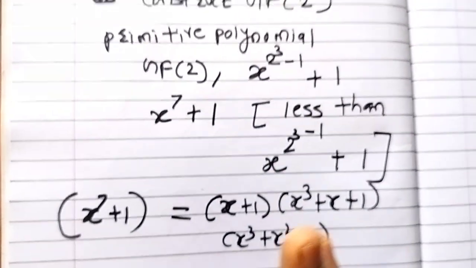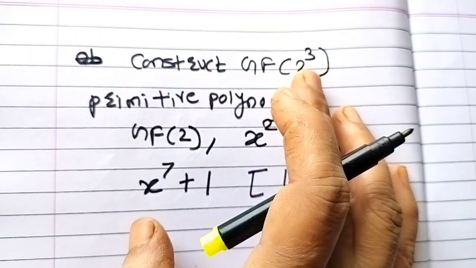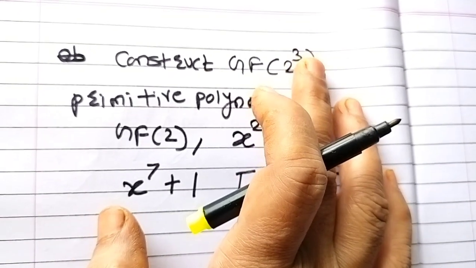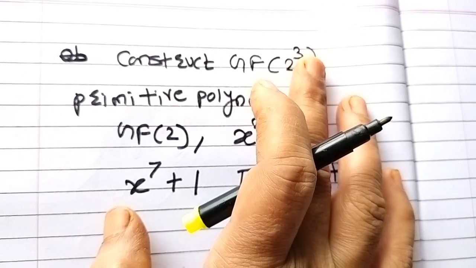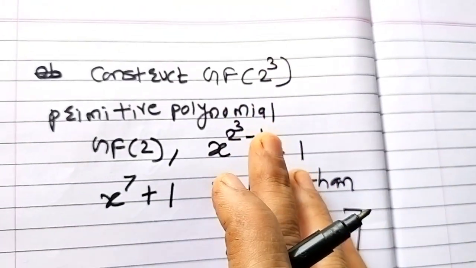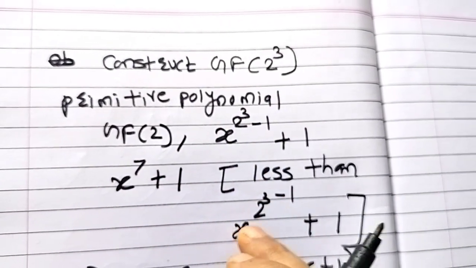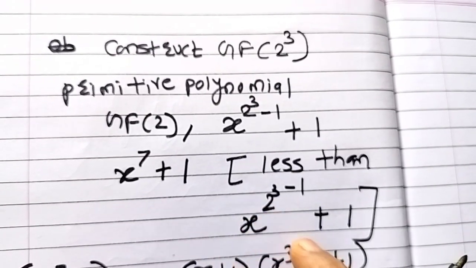What we understood is that to construct Galois field 2 raised to 3, the primitive polynomial should have degree 3. Then it should divide x raised to 2 raised to 3 minus 1 plus 1, that means x raised to 7 plus 1.